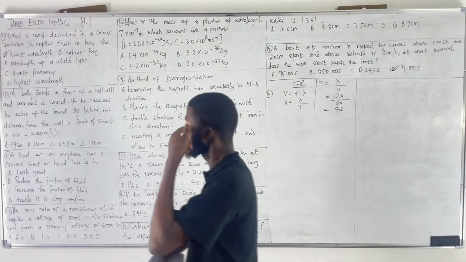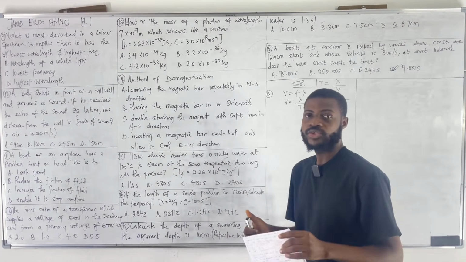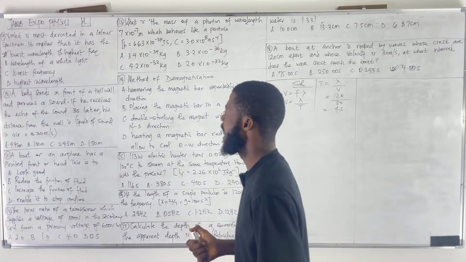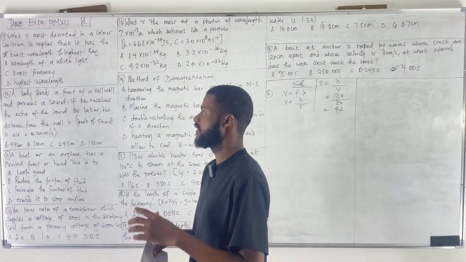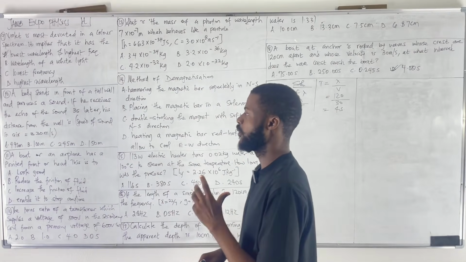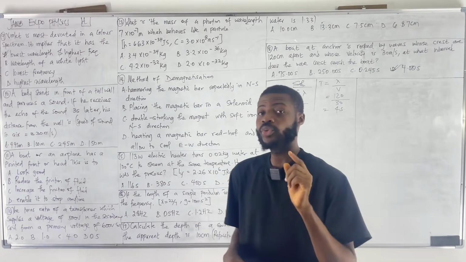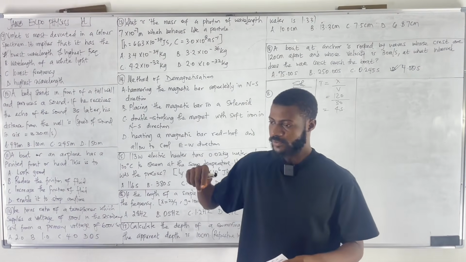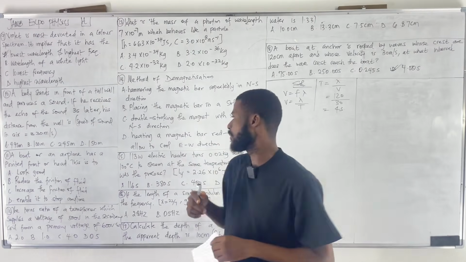The next one: a body stands in front of a tall wall and produces a sound. If he receives the echo of the sound 3 seconds later, his distance from the wall is dash. To start with, you need to remember the distance the sound travels before you hear it.